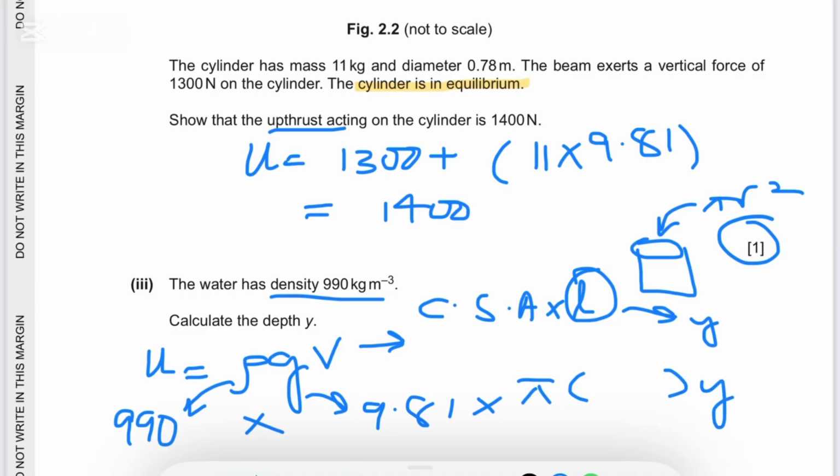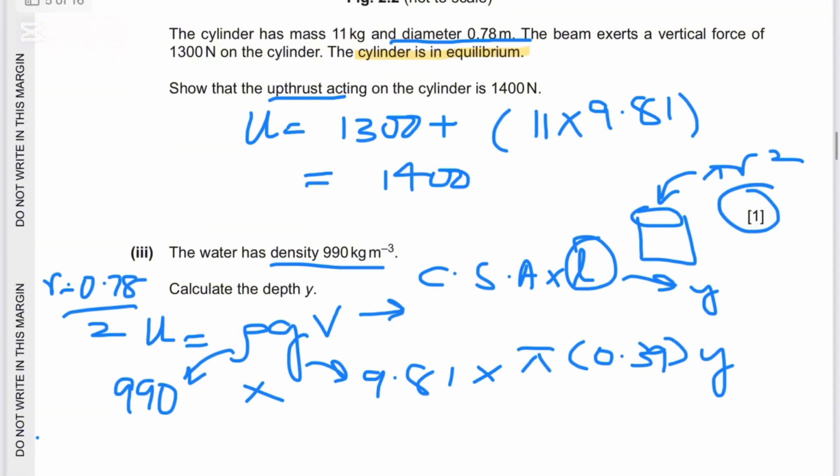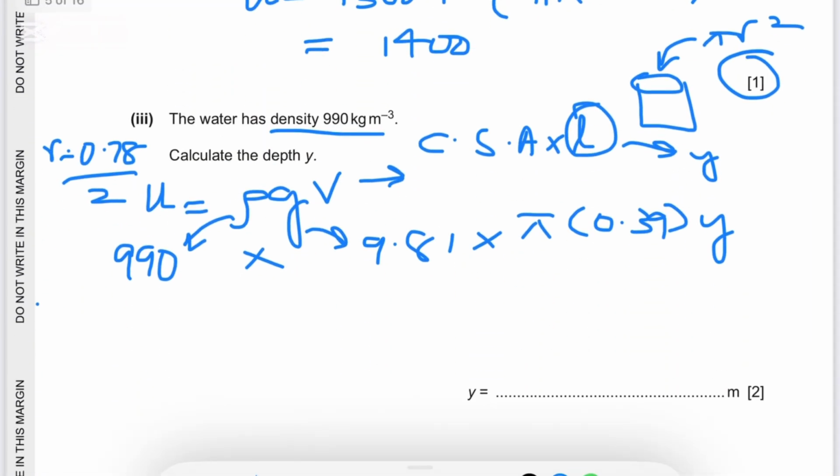Now we were informed that the diameter is 0.78, therefore the radius would be half of that. Radius would be equal to 0.39 meters. And since we already know the value of upthrust, we'll equate it to that.